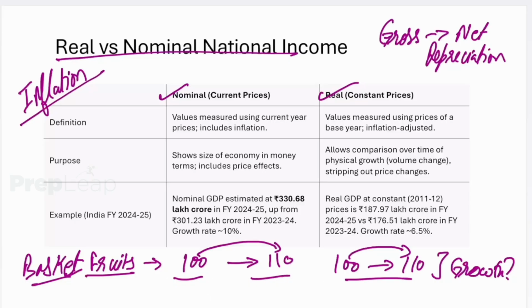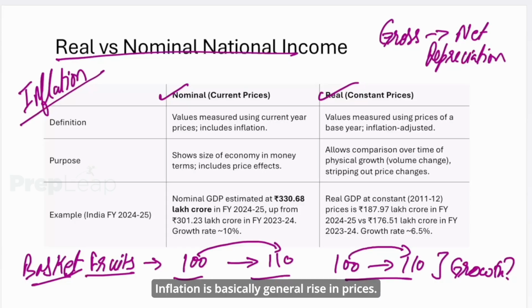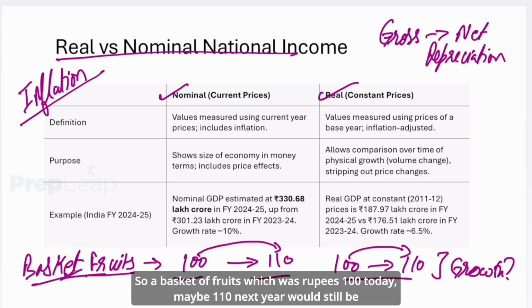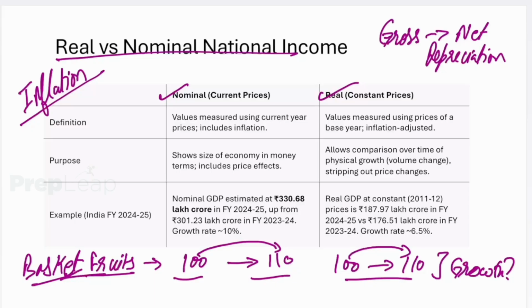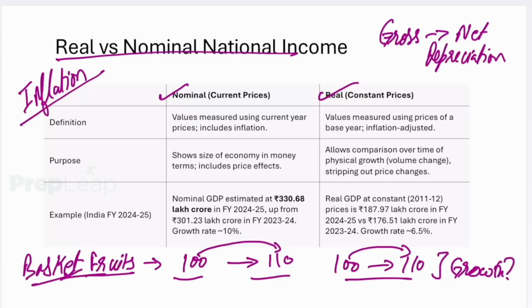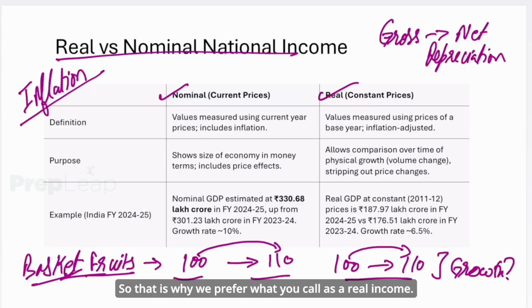So what is inflation? Inflation is basically a general rise in prices. So a basket of fruits which was 100 rupees today, maybe 110 next year, would still be equal. But nominal income will say no, we have grown. So that is why we prefer what we call real income.